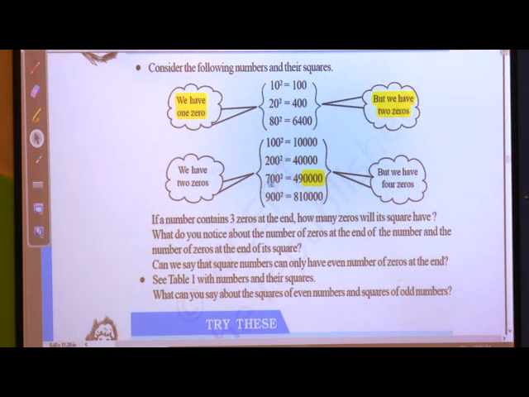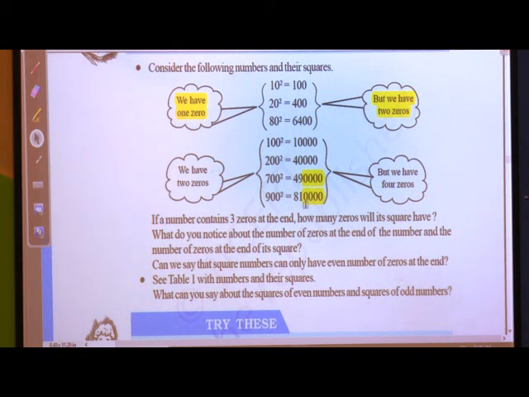How many zeros are in the number? 2 zeros. How many zeros are there in the square? 4 zeros. The same happens here. 900 square, in the square we have 4 zeros.